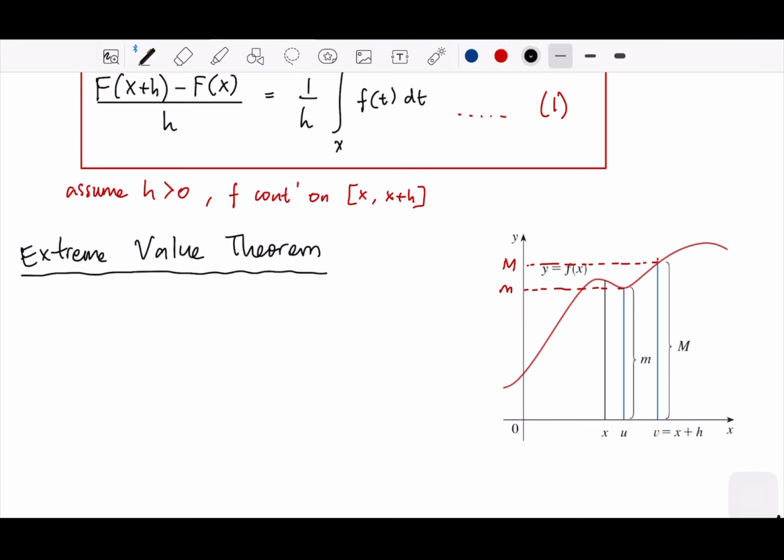So first consider that, suppose there are two variables u and v on the interval of the x and then x plus h.